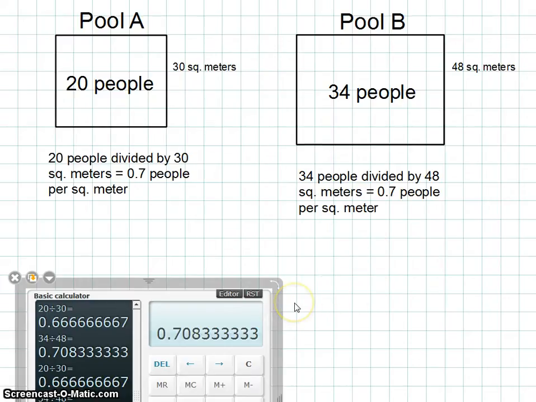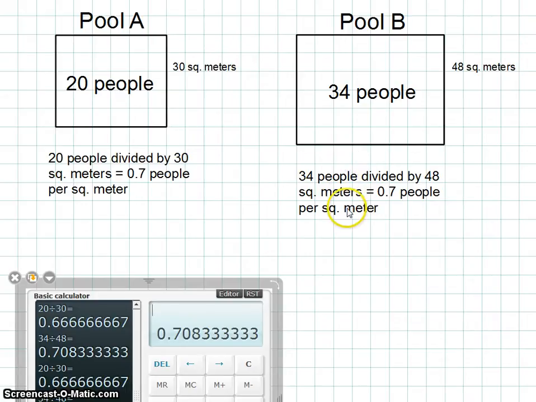So what does that mean then? If there are more people per square meter with pool B, doesn't that mean that pool B will be more crowded, because there are more people in an area that is 1 square meter?